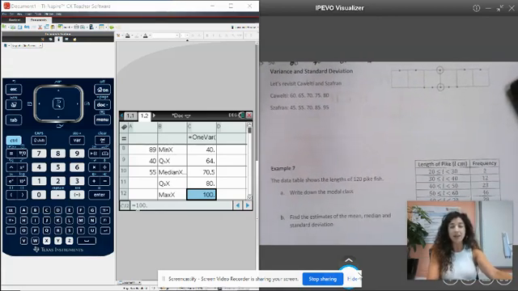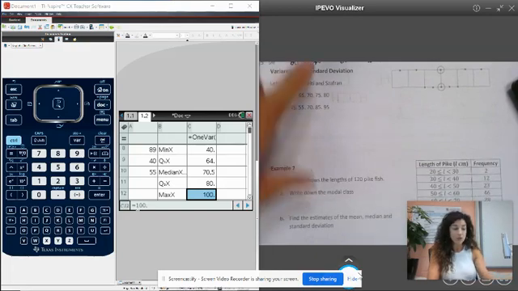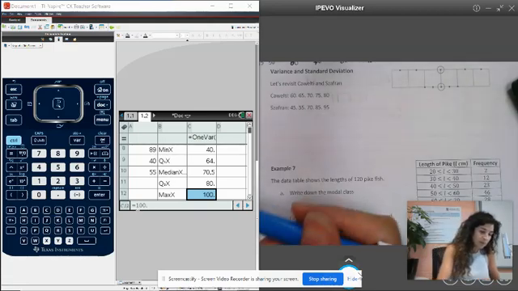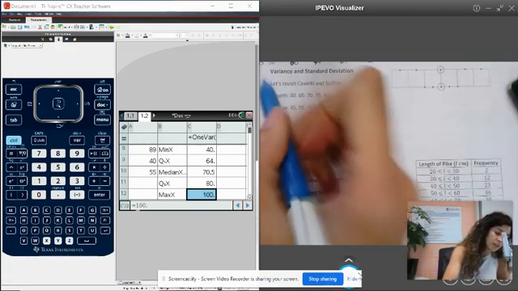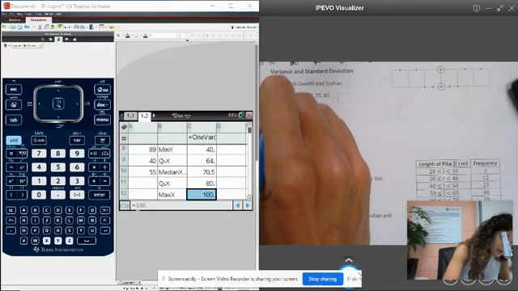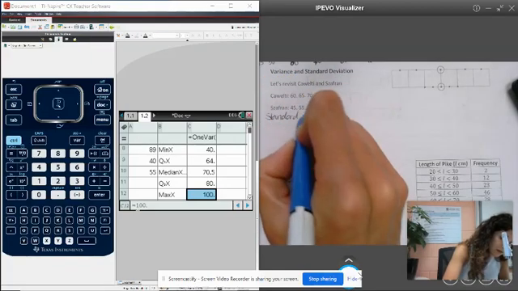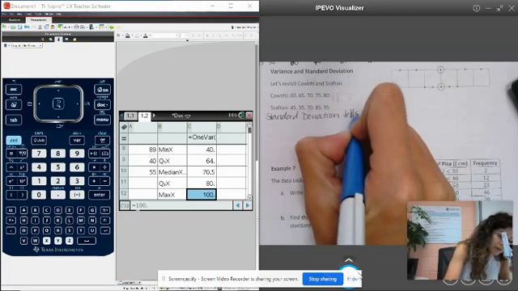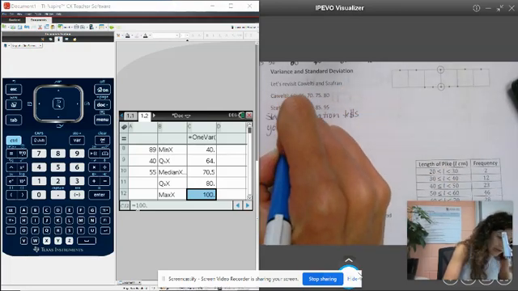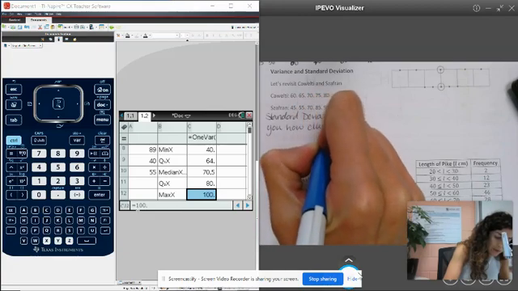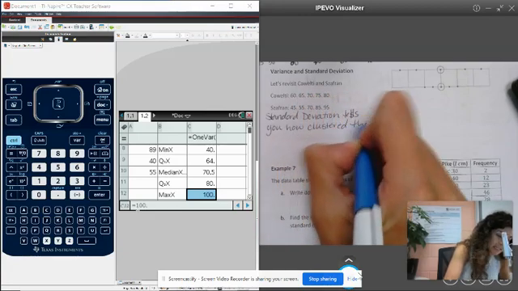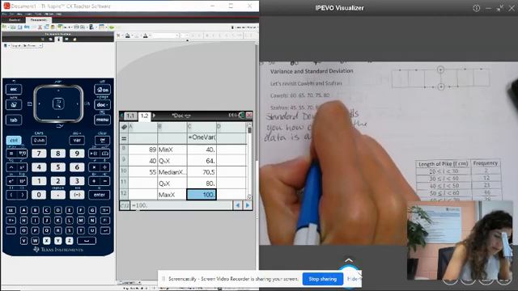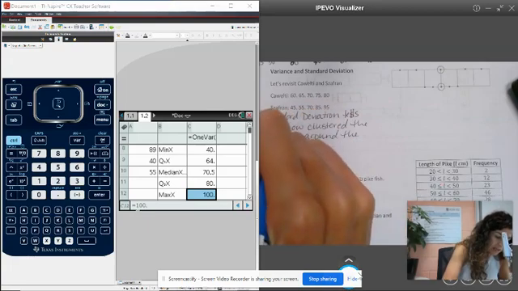And now we have something else that you see a lot when we talk about statistics, which is this term, standard deviation. Standard deviation tells you how clustered the data is around the mean.